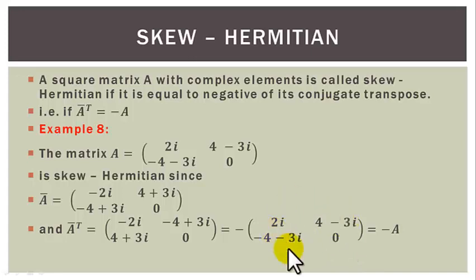So what we have here is the same thing as our original matrix A. So we have shown here that the transpose of A conjugate is equal to minus A, which therefore implies that A is a skew Hermitian matrix.